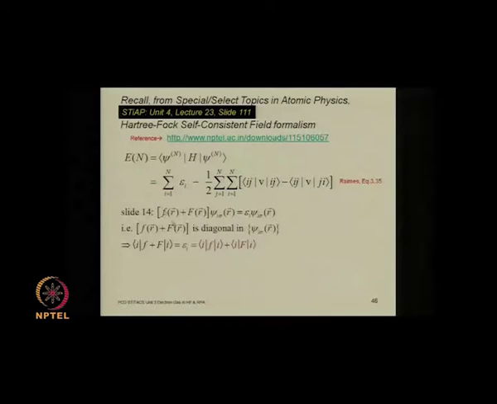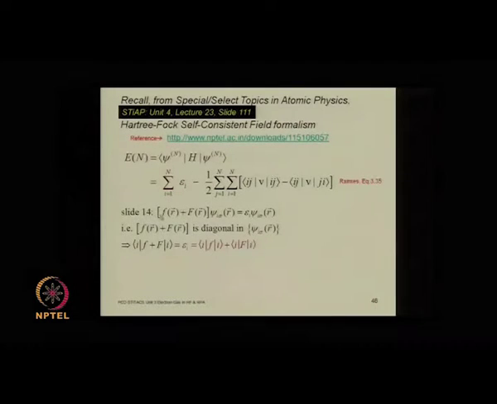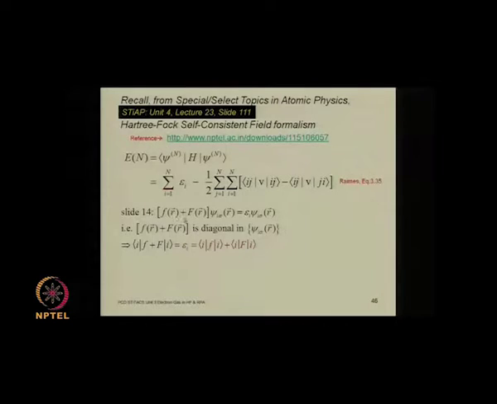But then we also know from the previous class and specifically from slide number 14 that you have this eigenvalue equation for the one electron operator f plus uppercase F, and in terms of this epsilon I, this would be the eigenvalue because f plus F is diagonal in this basis, as we have seen earlier.